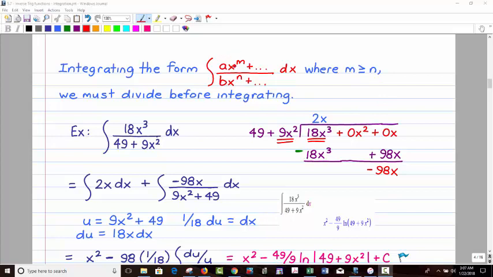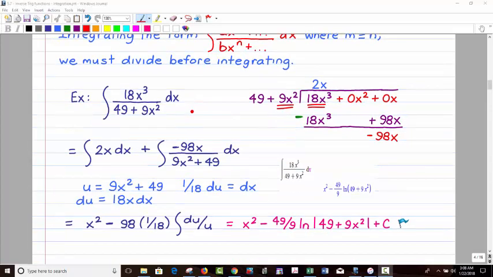If they're the same power, you have to do long division before integrating. So sometimes students have a little trouble with this. It's not too bad, but worst case scenario, you could always find another video on YouTube on long division of polynomials if you want a deeper explanation of this.